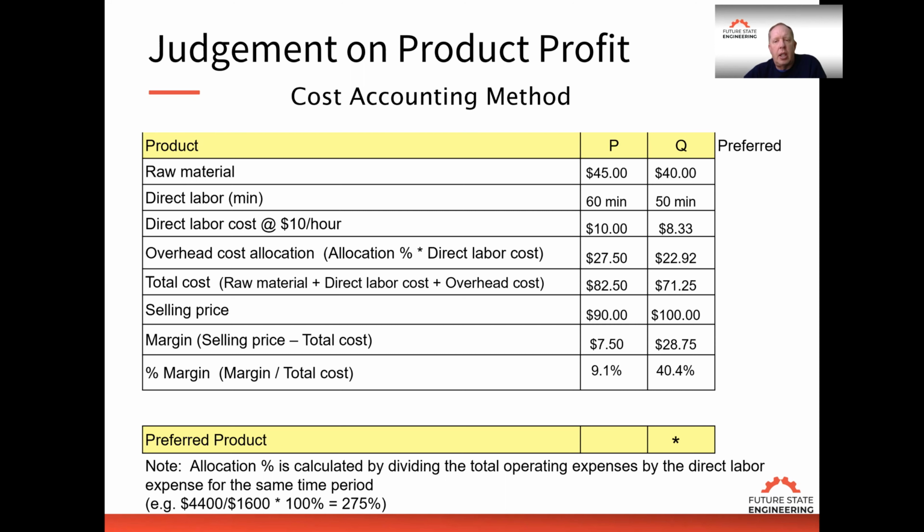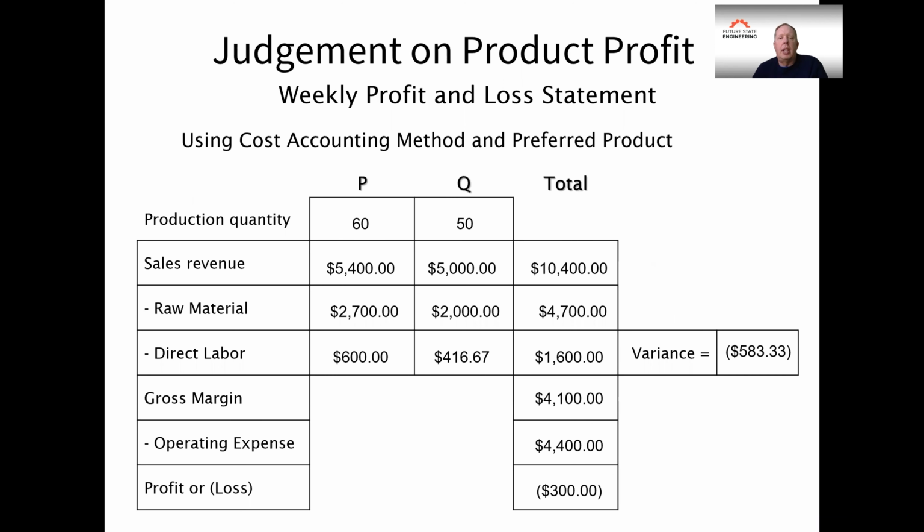So now if I take this and run it through a weekly P&L statement to determine the impact of producing each of these products on the company's profitability, since the capacity is limited inside the organization, I can't produce all of both products. So I have to produce the preferred product, and then whatever capacity I have remaining, I produce the non-preferred product.